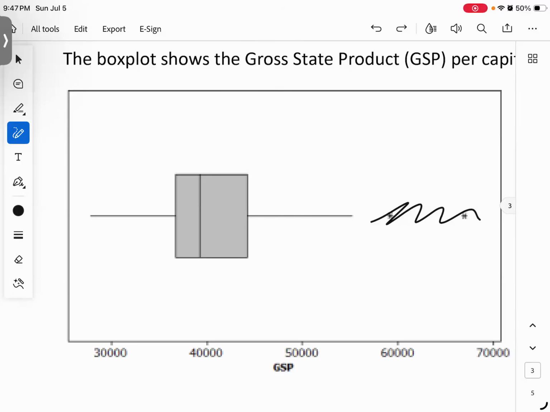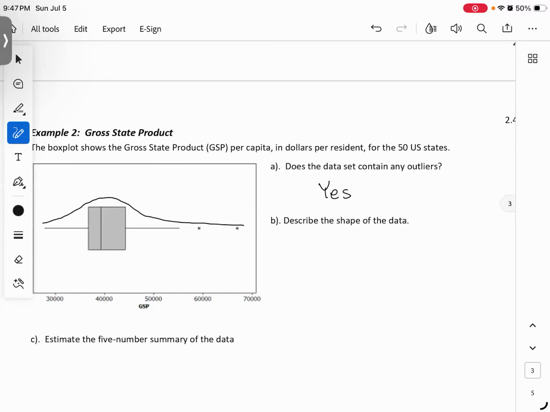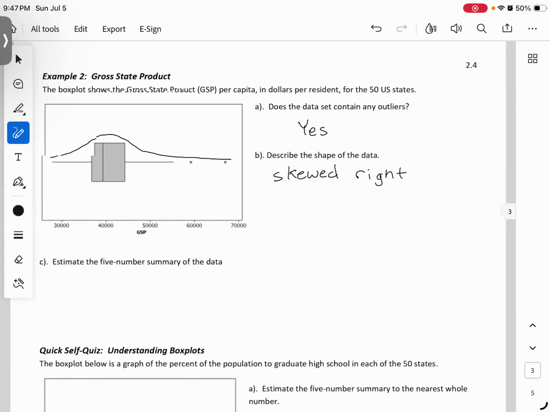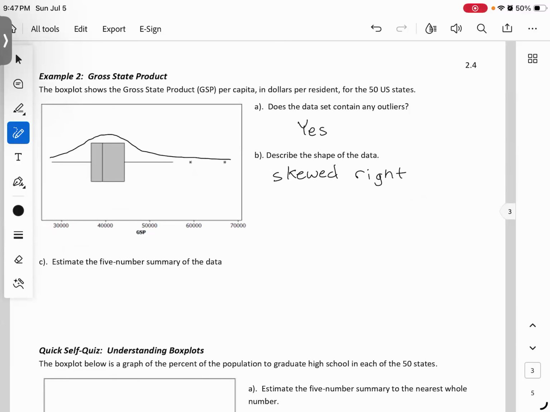But because there are those two outliers, we would say it's got the one hump, it's got the tail over there, and then this longer tail over here, so what makes most sense is that it's skewed to the right. It's got some extra stuff to the right that doesn't really balance off well with the left side.